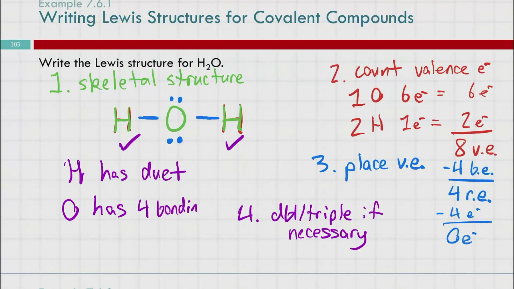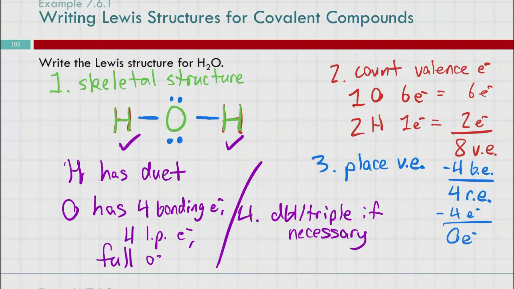So 4 bonding electrons and 4 lone pair electrons. So it has a full octet. So we don't need any double or triple bonds in this case. Questions?